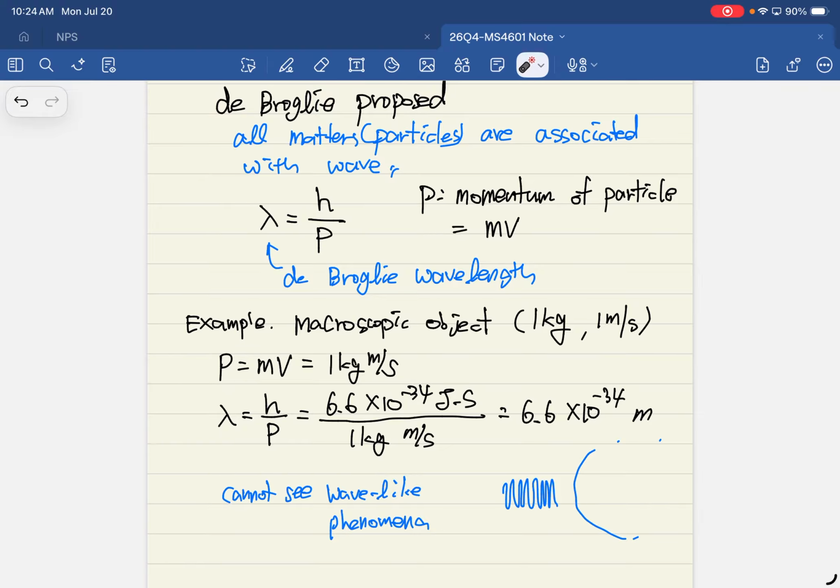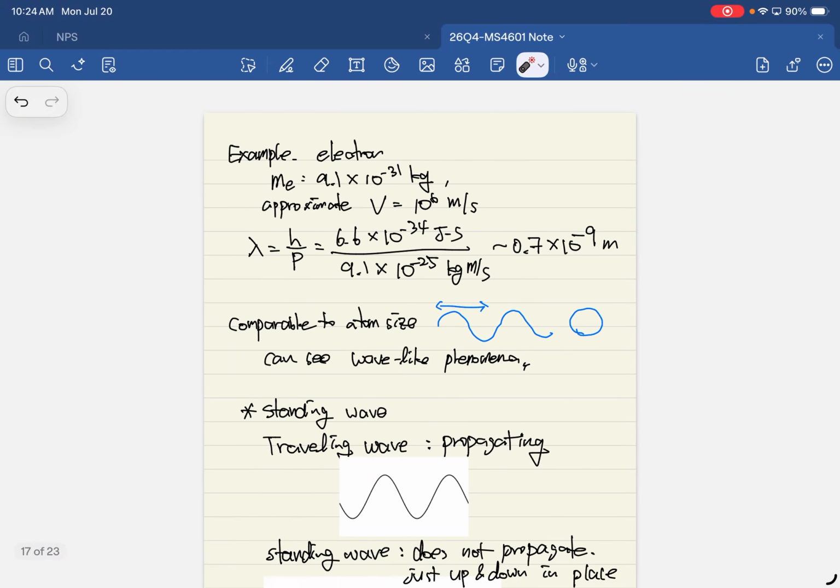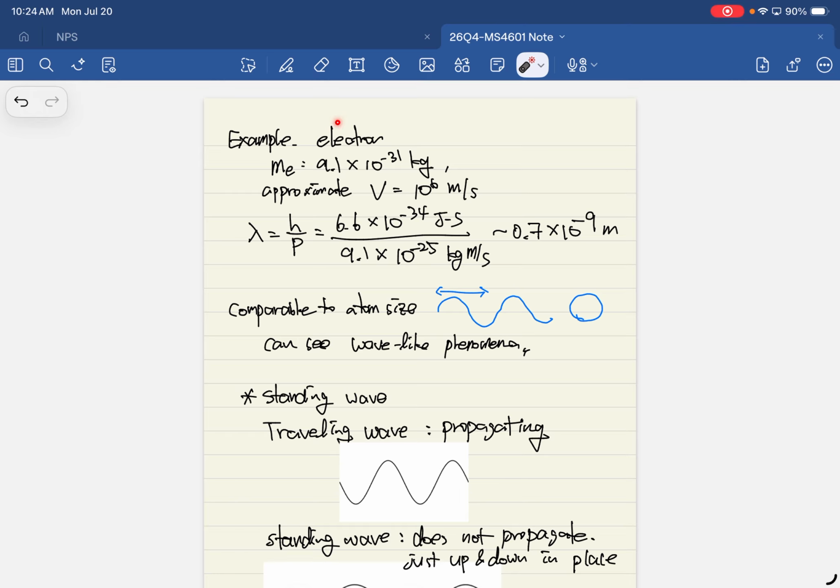So realistically, we only consider small scale objects like an electron, because in this case wave phenomena is very apparent, and it has to follow the Schrödinger equation. This is more appropriate to discuss within the Schrödinger equation rather than Newton's second law, which essentially focuses on the particle concept.